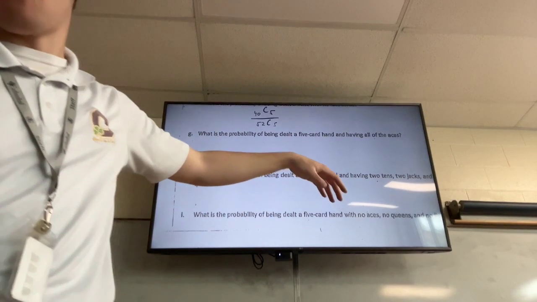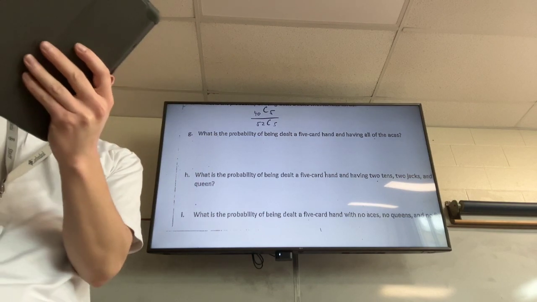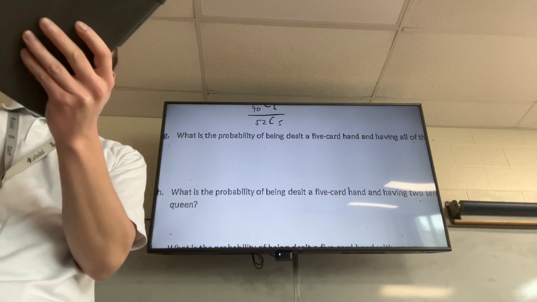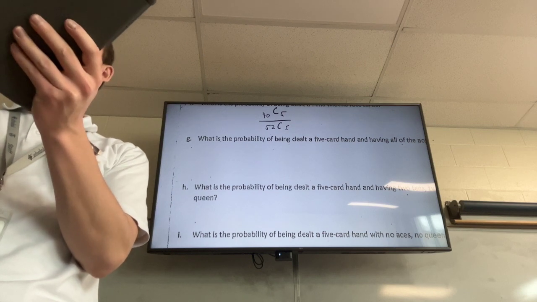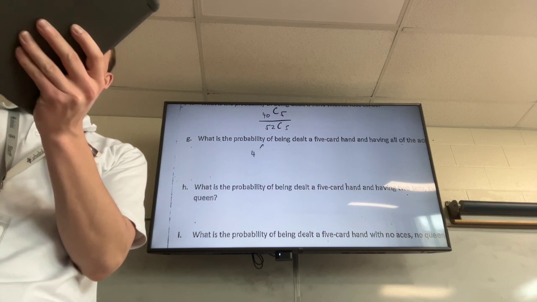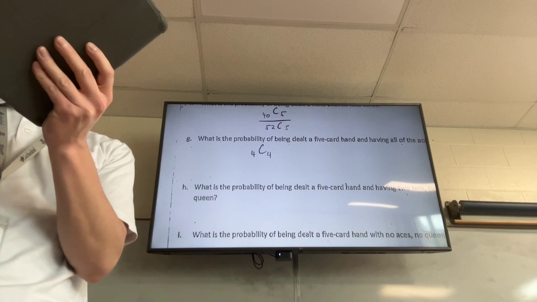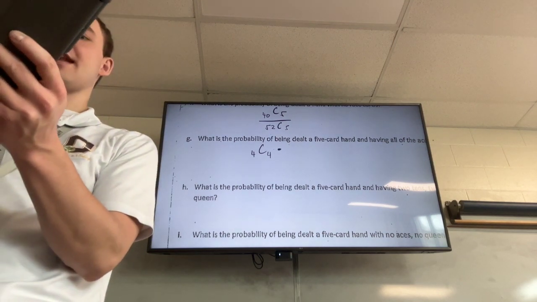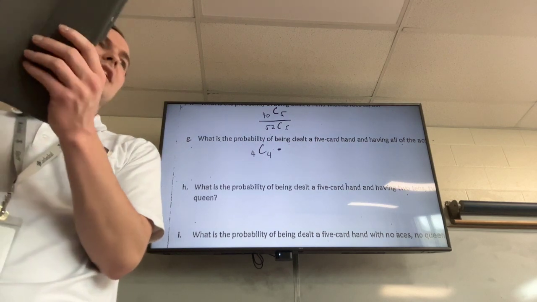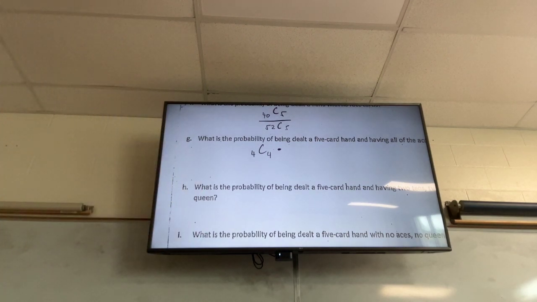Out of the 4 aces, what are all the 4-ace combinations? It'd be 4 choose 4, which is 1, okay? And we're going to have 1 extra card from the rest of the deck, right? This is a 5-card hand. So what are all the other single cards we could get? 48 choose 1.